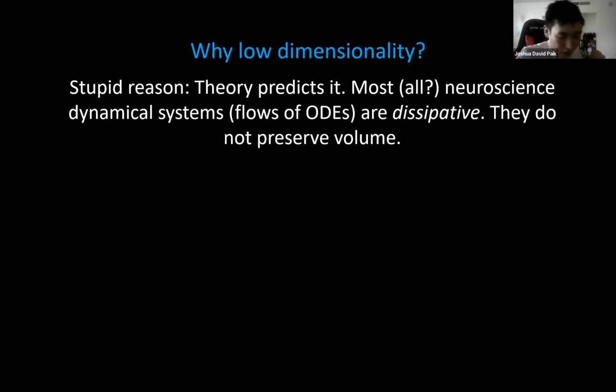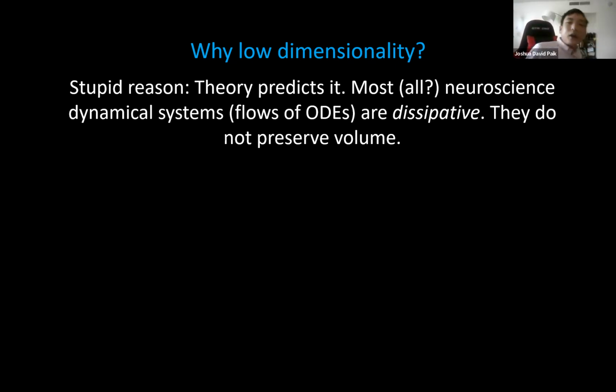Maybe lower rank activity is important for efficient computation, right? One application of singular value decomposition is compression of images. So maybe if the neural data is lower rank, then you don't need as much. For me, it depends on the day how convincing I find that. But something I find convincing is that theory predicts it.